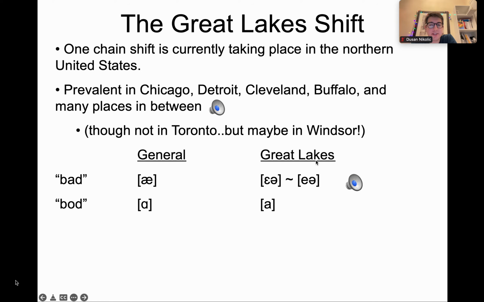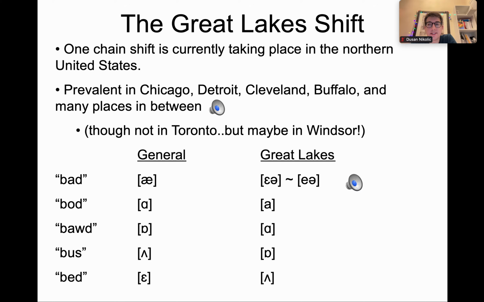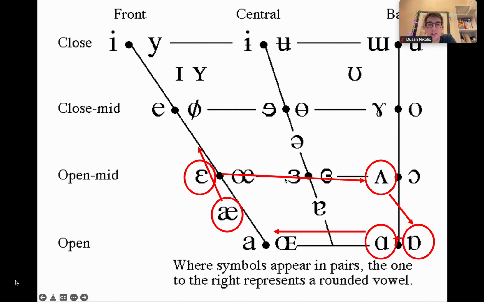So that happens in the Great Lakes region. Then we have bod, which is bad, bod, which is bod, and bus, which is boss, and bed, which is bad, right? So what happens here, according to the adaptive dispersion theory, is that if the vowel moves, it has already moved here, then this vowel would love to escape from being merged with the other.